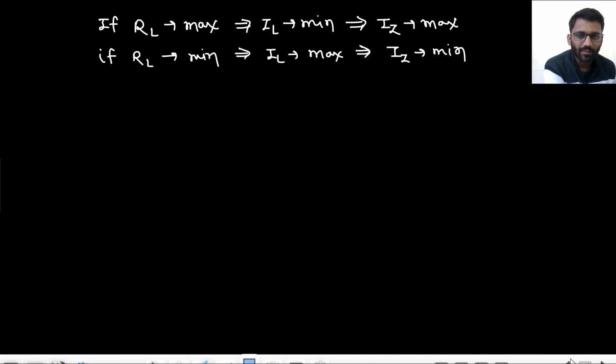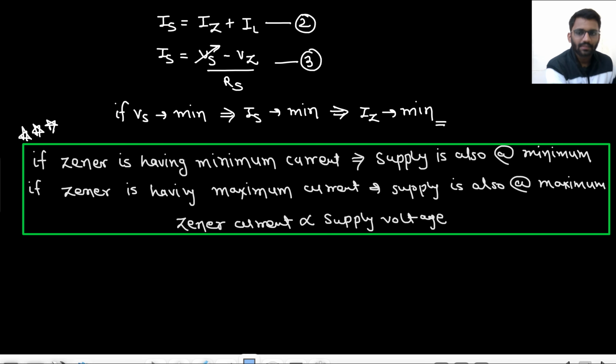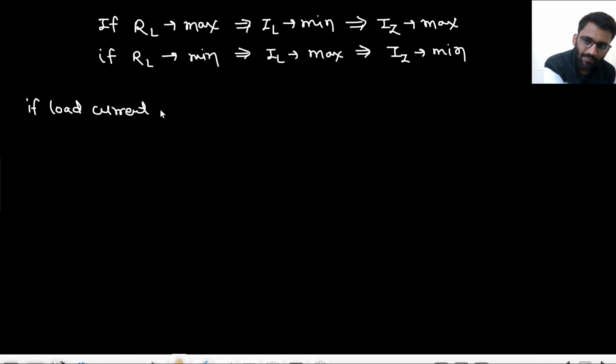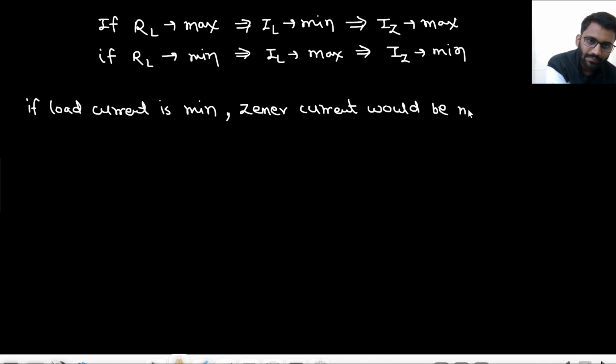You will remember, I will write it in the theory like this. That means if load current is minimum, Zener current would be maximum.